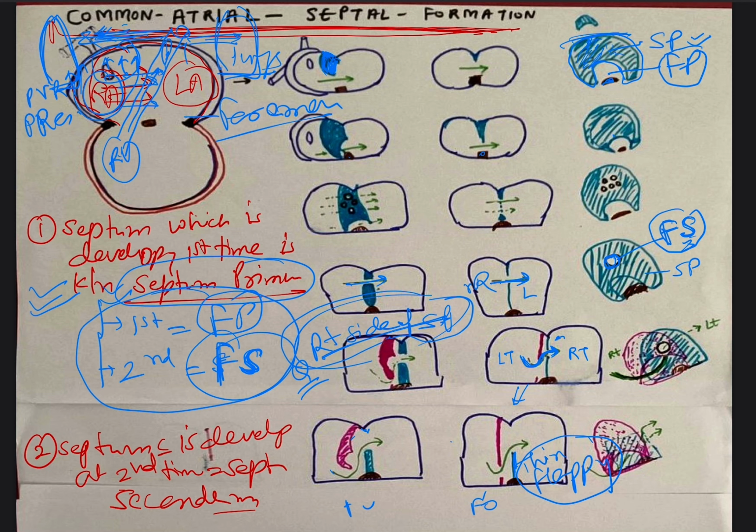During fetal life, when blood is going from right to left side, this flap moves away like this, so blood can move from right to left easily. But what happens?